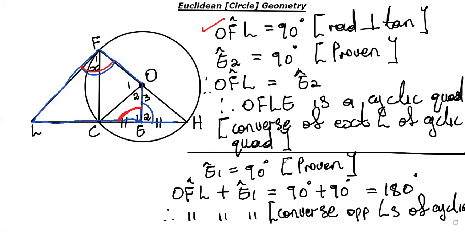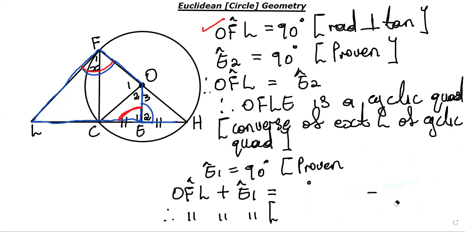But the converse says if the sum of two opposite angles of a quadrilateral is 180 degrees, then that quadrilateral is a cyclic quadrilateral. Do you see how the theorem and the converse work? Of course you do. So it's over and out with this one. Our happiness is complete.